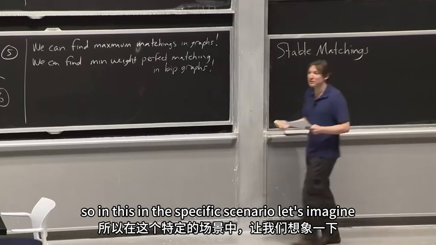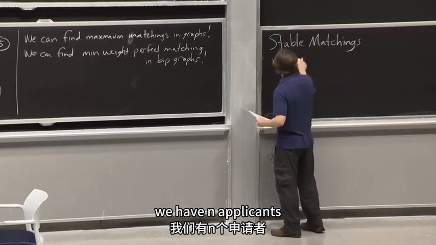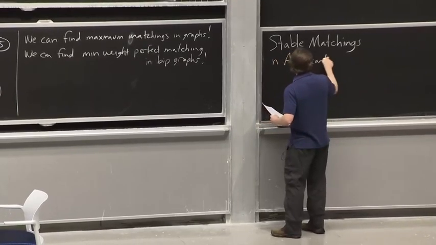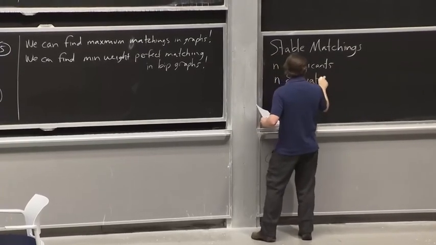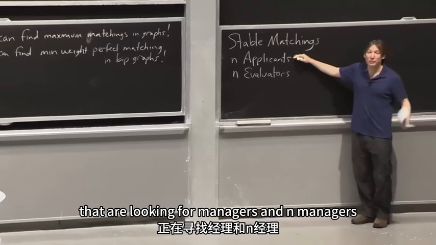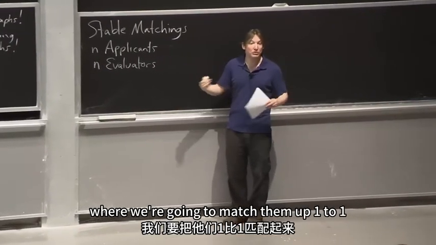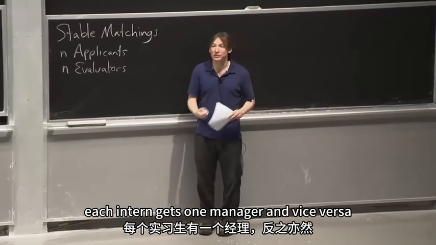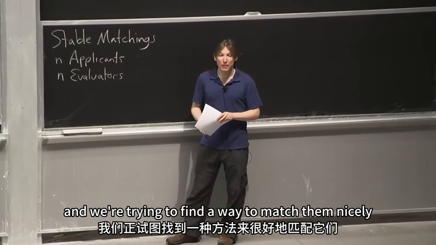In the specific scenario, let's imagine we have n applicants and n evaluators. You can think of these like n interns looking for managers, and n managers, where we're going to match them up one-to-one. Each intern gets one manager and vice versa. And we're trying to find a way to match them nicely.